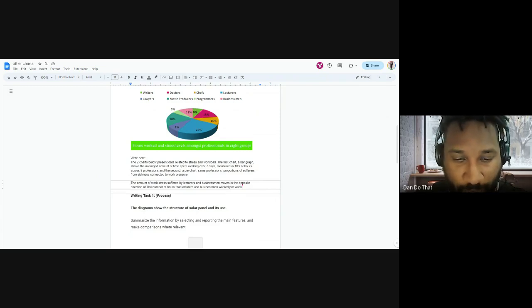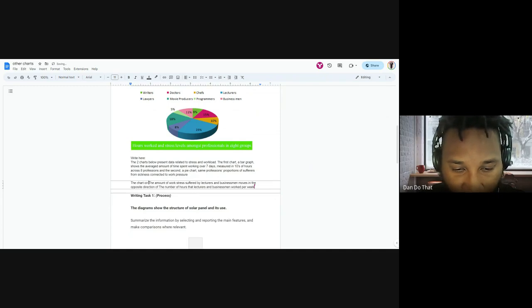So chart A or chart one, or the bar graph, whatever you want to say. I just say chart one, or I'll say the chart on the top.